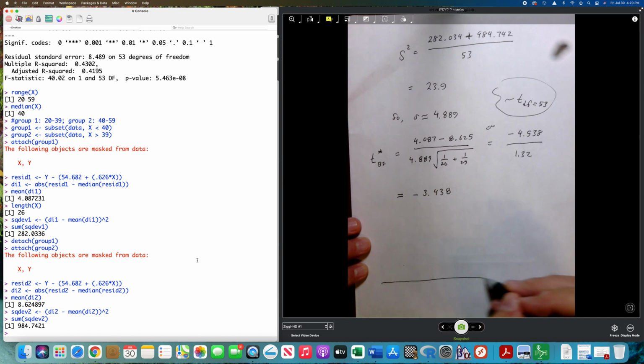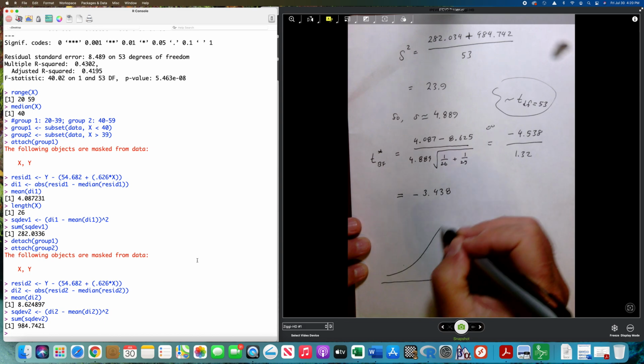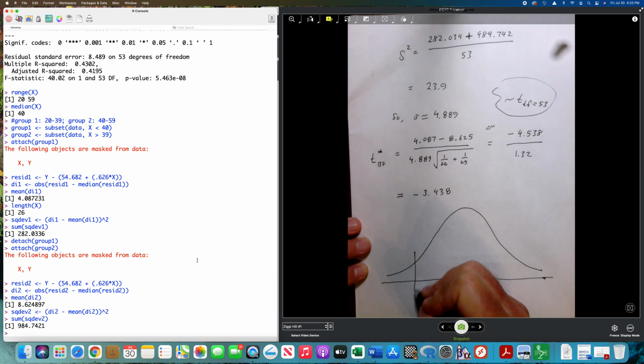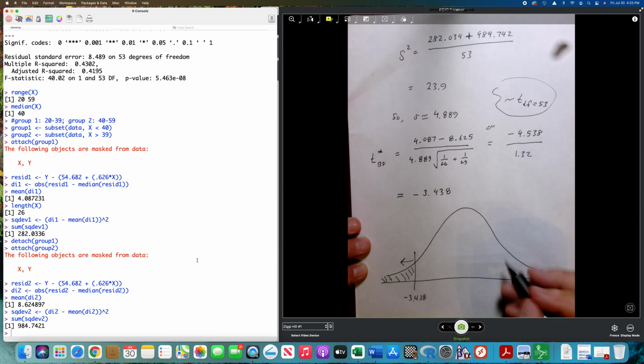So for this t-distribution, we need the area to the left, times 2, because this area on the right is equally likely.